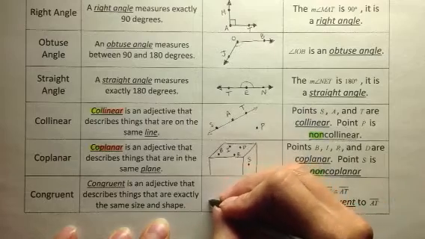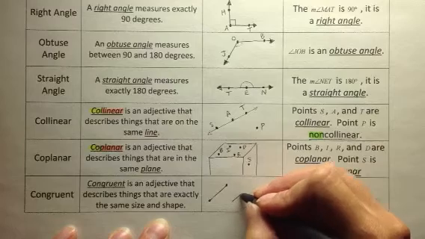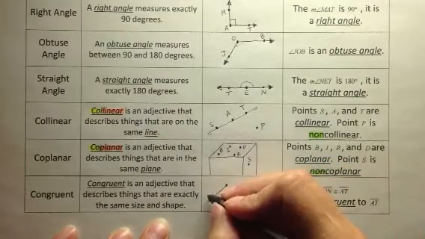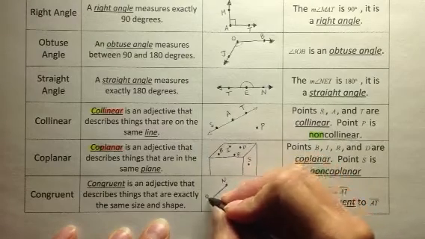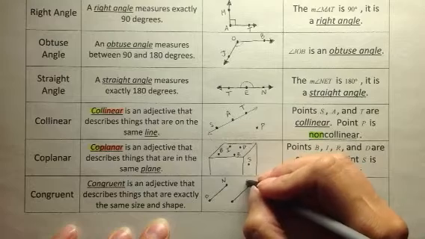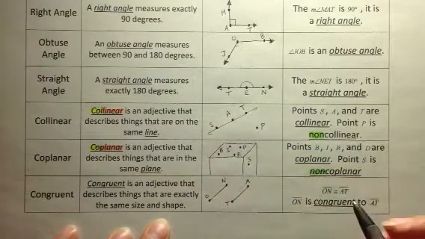So I'm going to draw two segments with the same length. So one of them I'm going to name ON, segment ON, and it's congruent to segment AT. Doesn't matter the order I put those two letters in.